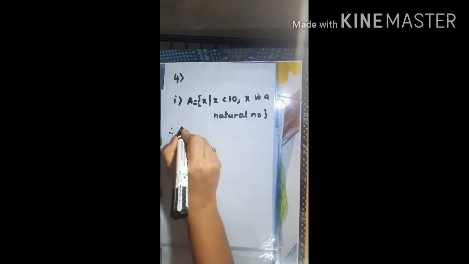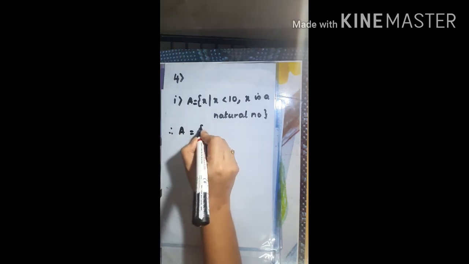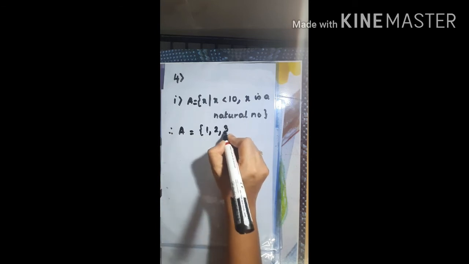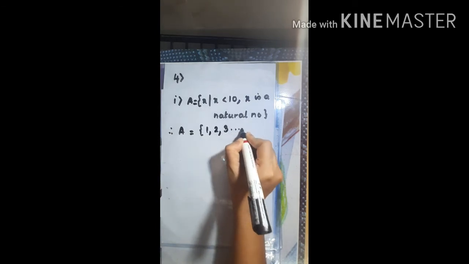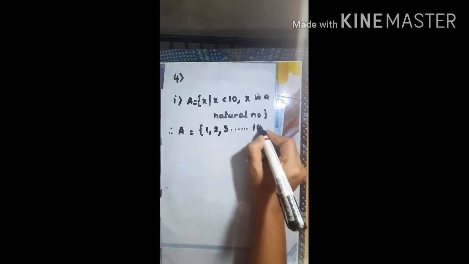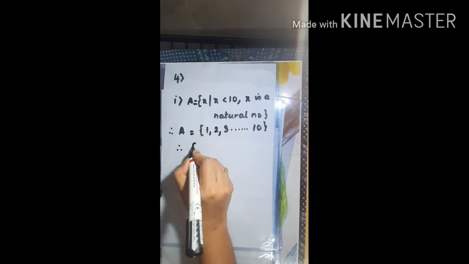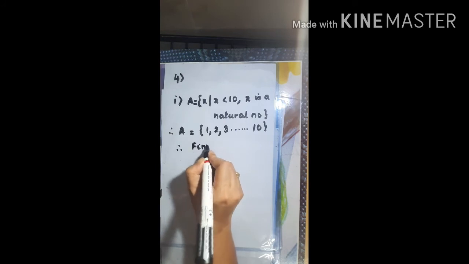Therefore, A is equal to 1, 2, 3, 4, 5, 6, 7, 8, 9, and it stops at 10. I can count, therefore it is a finite set.